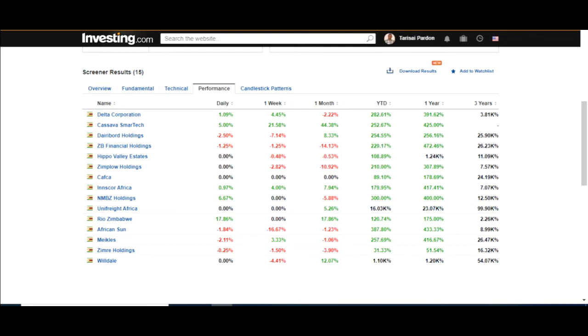So by using these stock screeners, we can see that it will be easier for me to choose which counter to invest in, since they meet most or all of the criteria that I have picked.